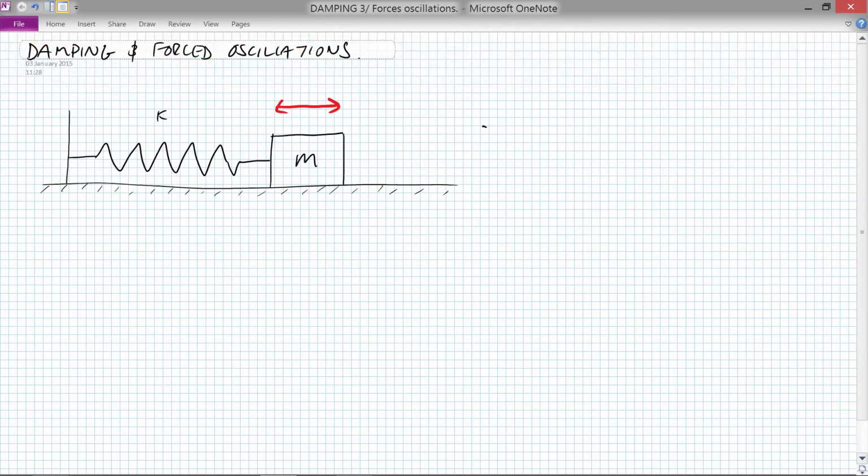It's going to have some displacement function which is going to go as either a sine 2 pi ft, if we start it off at the equilibrium position and give it some impulse, or some similar cos function, if we pull it to an amplitude A and release it.